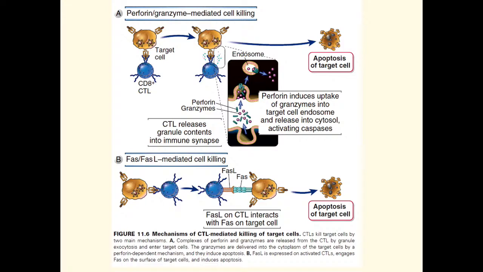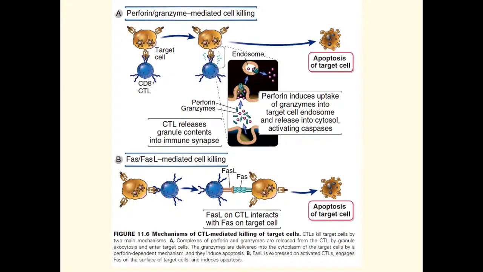And there's an important correlation. When we have some problem with Fas ligand or Fas, this will lead to defective apoptosis of those T cells, and we would have overactive T cells in our bloodstream and in our system.